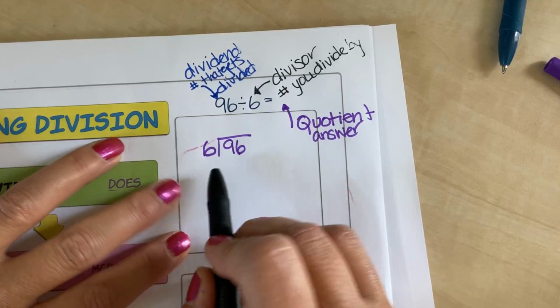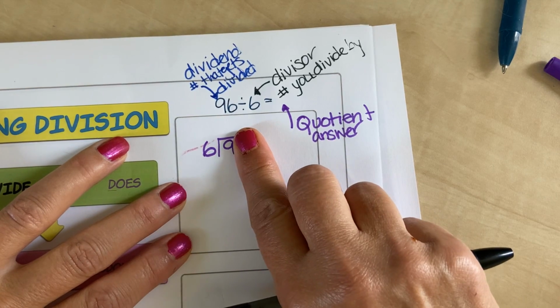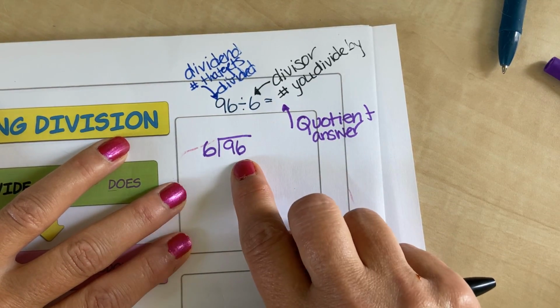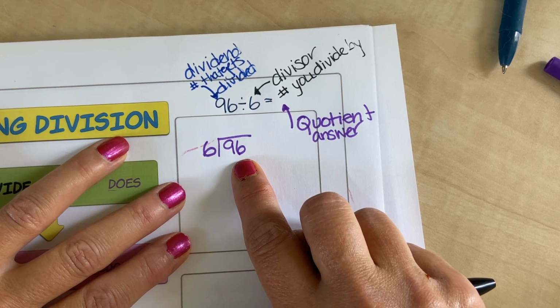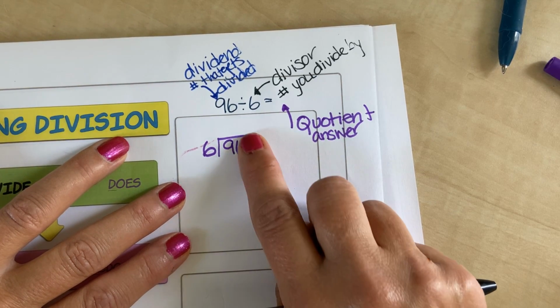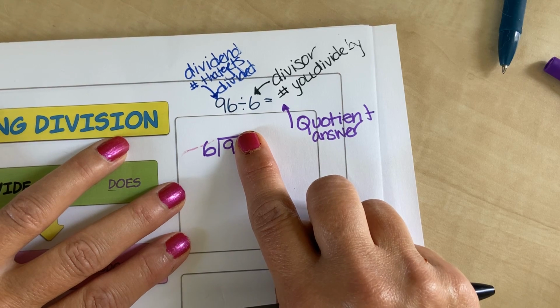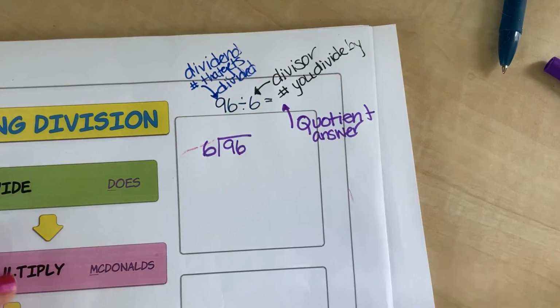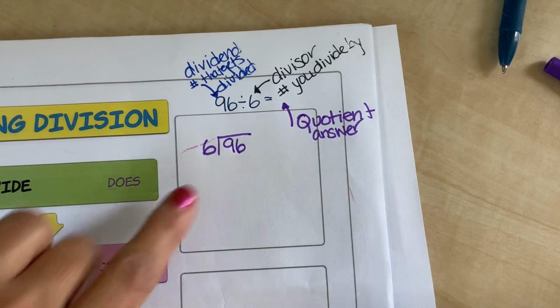So in other words, if I'm looking at this problem, I'm just going to say how many 6s go into 9, not how many 6s go into 96. So I want to know how many times it'll fit in without going over, okay? It's not going to fit in evenly all the time, but I want to know how many times it fits without going over, okay?